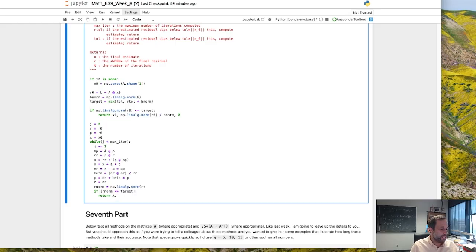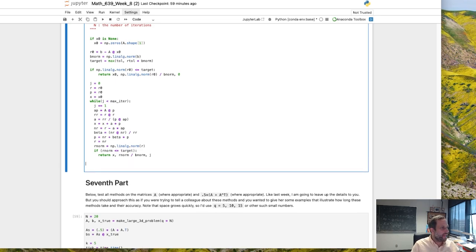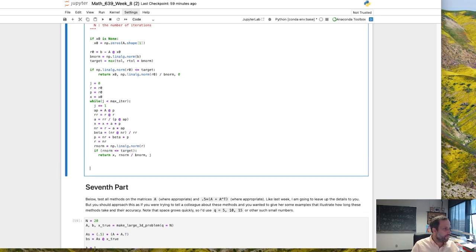We're going to return the relative residual, that is r norm divided by b norm, and the current number of iterations, which is j. Okay. We can exit this loop in two ways.